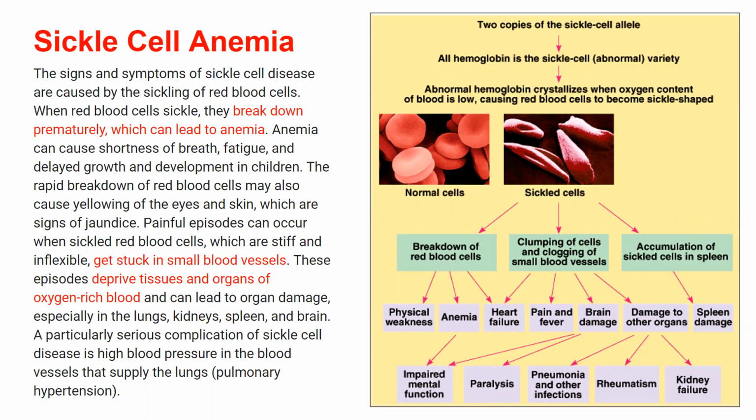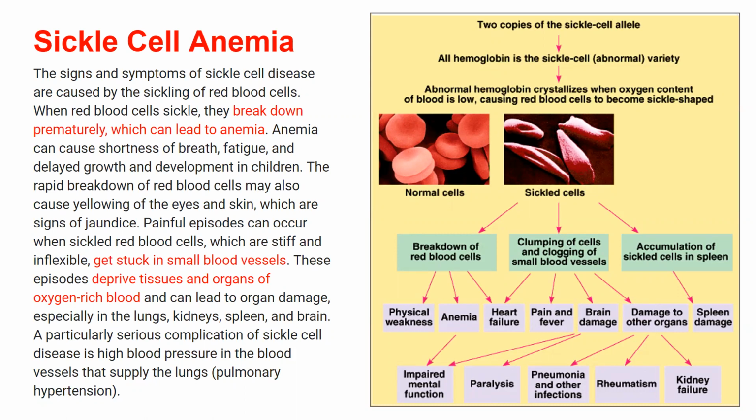So the sickle cells can get stuck in the small blood vessels, depriving tissues and organs of oxygen-rich blood. So when your tissues are starving, they're going to be painful, which can lead to organ damage, especially in the lungs, kidneys, spleen, and brain.